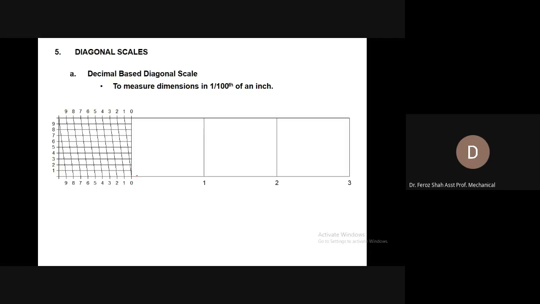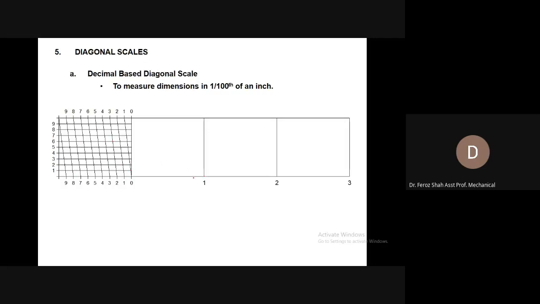Now, for example, if there are whole inches with that, the diagonal scale will be like this. Only one division will be divided into fractions.